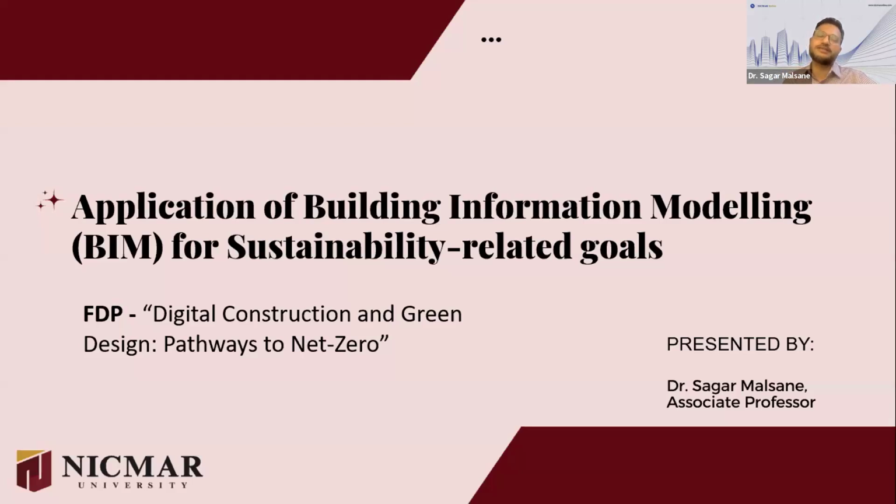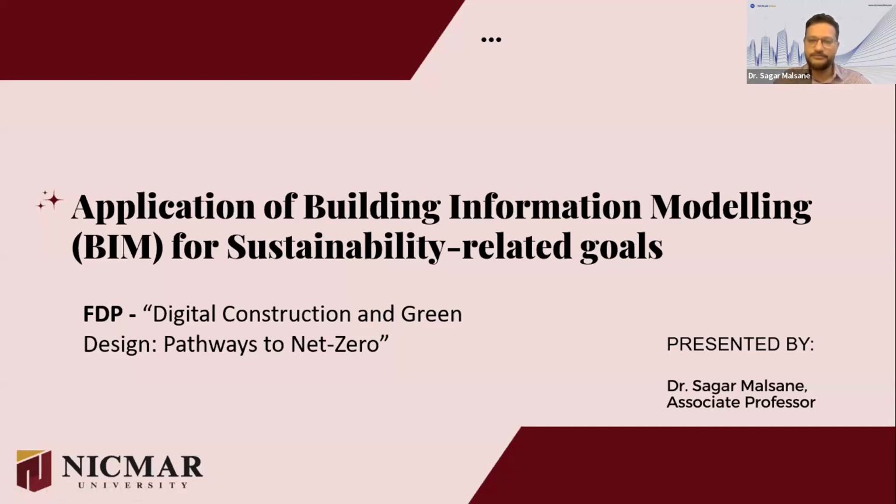So the topic which has been given to me is application of BIM for sustainability related goals. When I saw the last session, it was fairly technical, but I feel this topic is a good blend of technology related aspects as well as management related aspects.